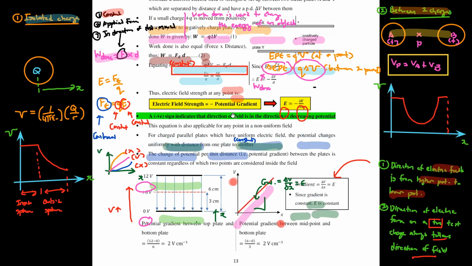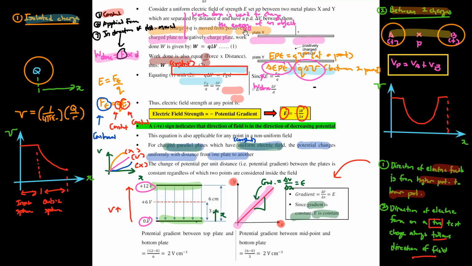Now, let's just say you were given some values and some distances for charged parallel plates. If you were to try and test a few points to find out the electric field strength at those different points, you will eventually get back the same answer for field strength. Say, for example, you look at the left working here. If you're trying to find the field strength between the top and bottom plate, meaning to say you're trying to find the field strength right over here, you take the potential difference between those 2 points, and then you divide by the distance.